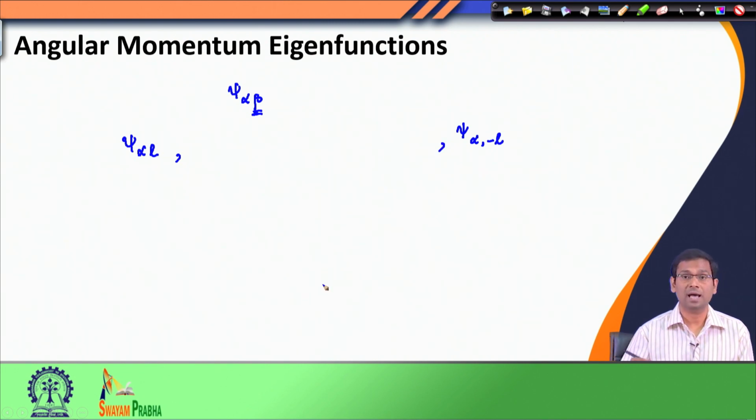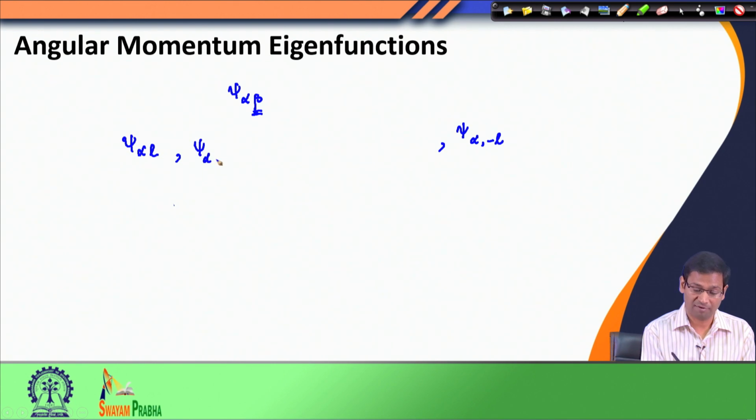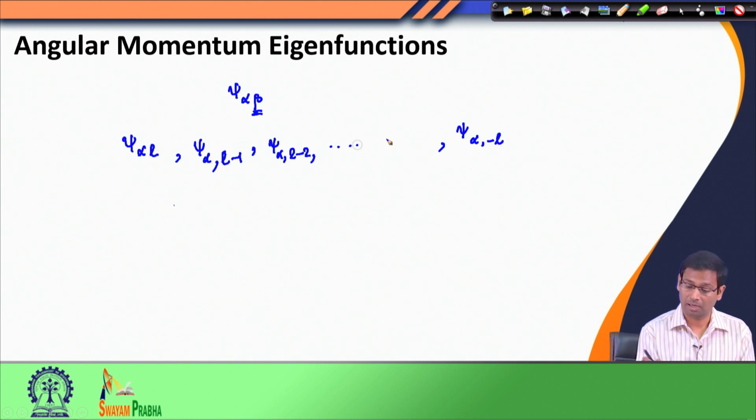We saw that the eigenfunctions of the L square and L z operator were coming out in the step of plus 1 or minus 1 with respect to this beta value, or in this case this is L. So, the other eigenfunctions are psi alpha L minus 1, psi alpha L minus 2, and so on and so forth.